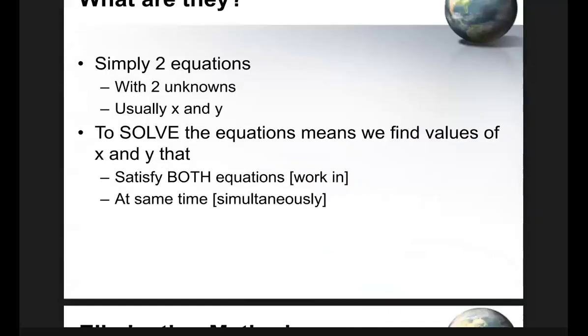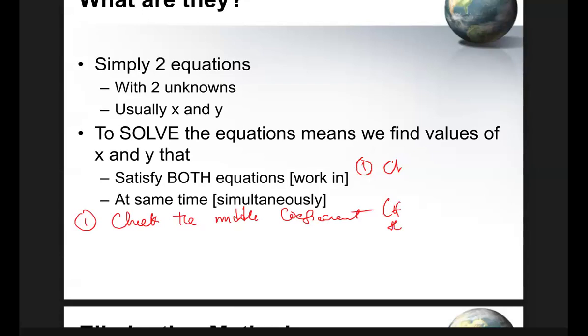The first rule when solving these equations is that you have to check the middle coefficient. That's the first thing you check. If it's the same, then second, you have to check the signs.